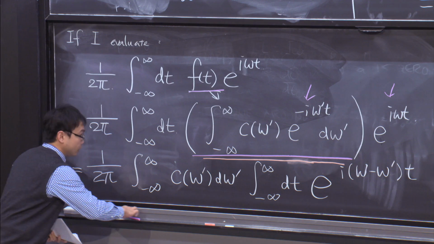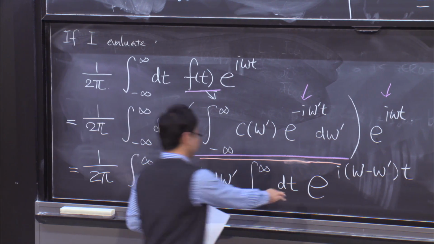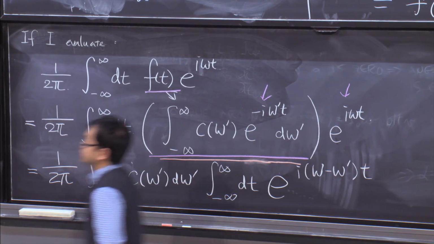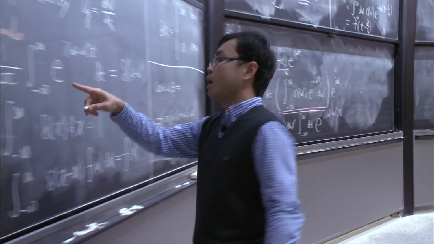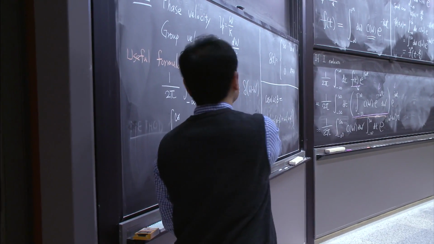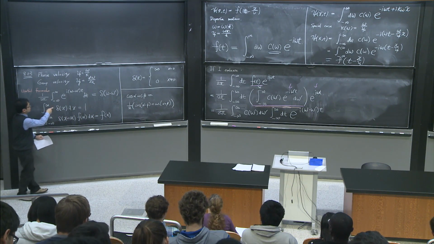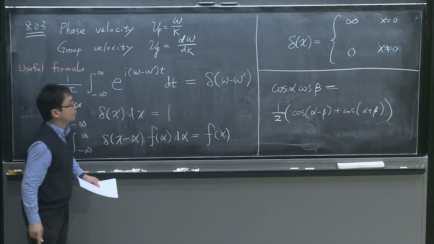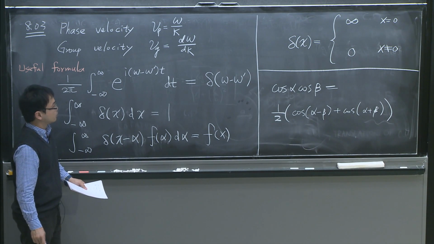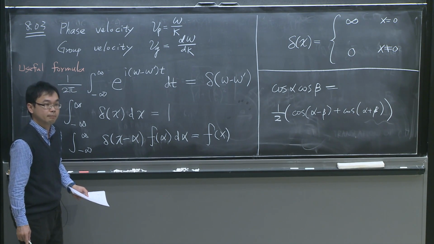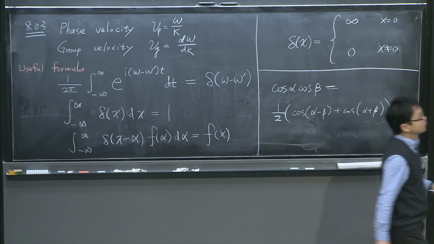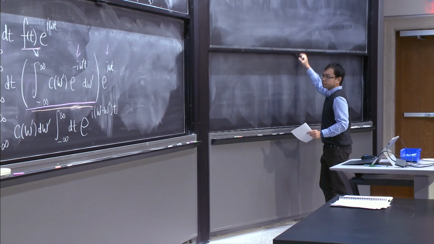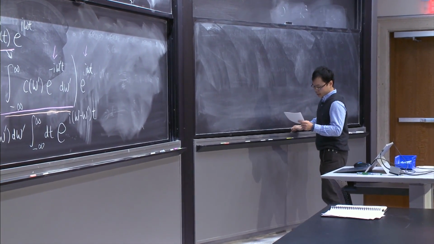Then, if we look at this formula here, and the formula sheet we have: 1 over 2 pi, integration from minus infinity to infinity over t of exponential i(omega minus omega prime)t, that will give you the delta function, delta(omega minus omega prime). Therefore, I can continue this calculation here.